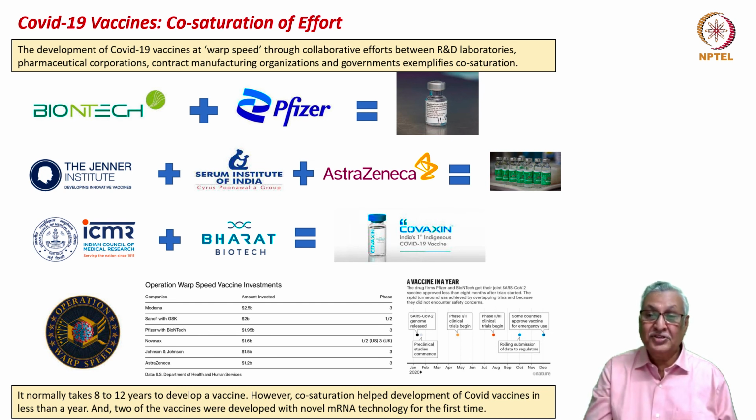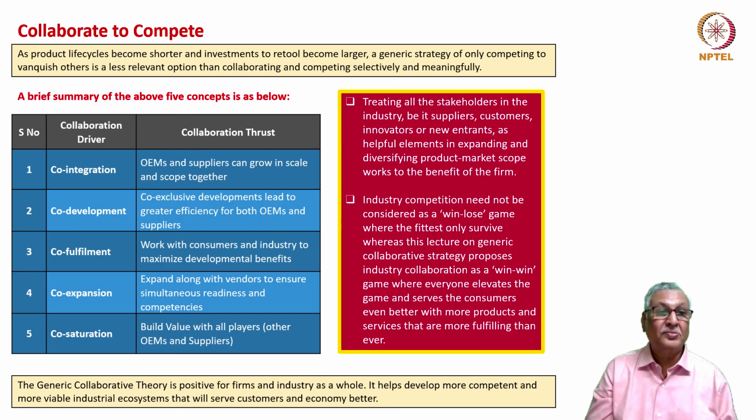And some of the vaccines, especially the Pfizer vaccine and the Moderna vaccine, were developed with mRNA technology for the first time in vaccine history. These are the most remarkable benefits of co-saturation, tellingly illustrated to us by the vaccine development.